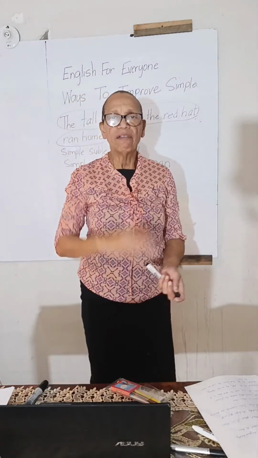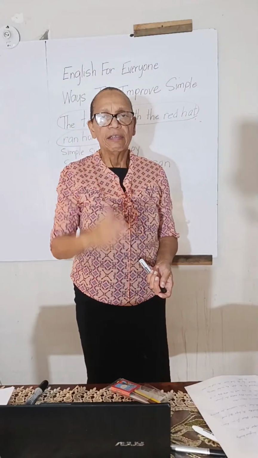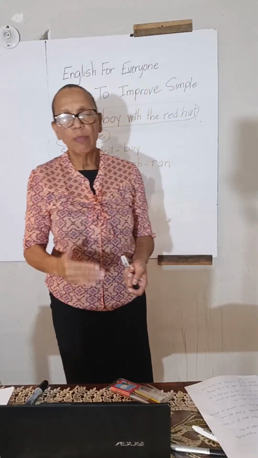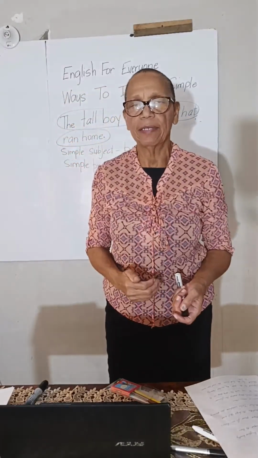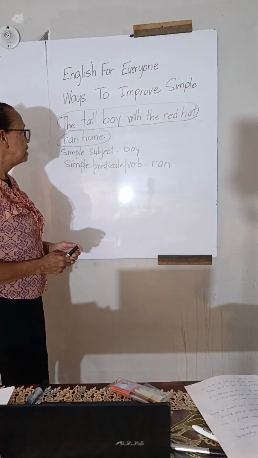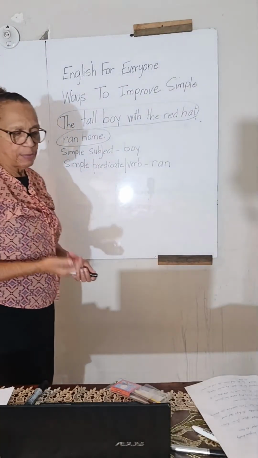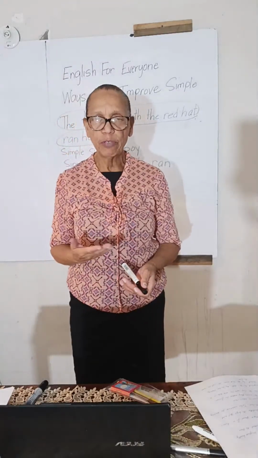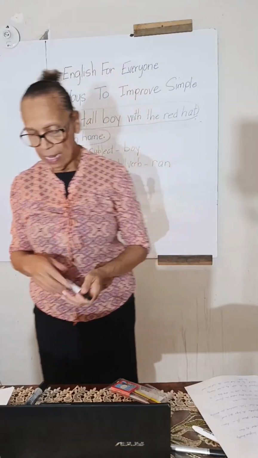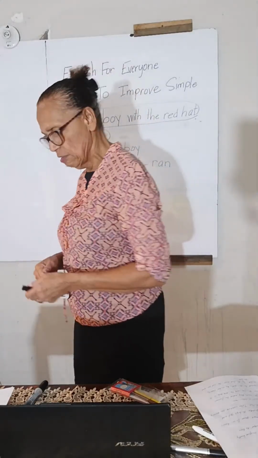So we have simple subject, simple predicate, complete subject, and complete predicate. All right, so you have to be able to identify the subject and the predicate of a sentence. And I'm going to give us a few sentences now.